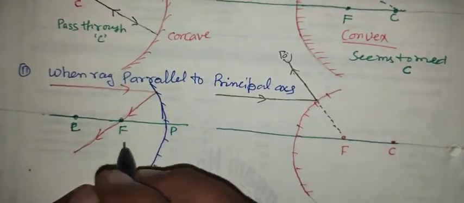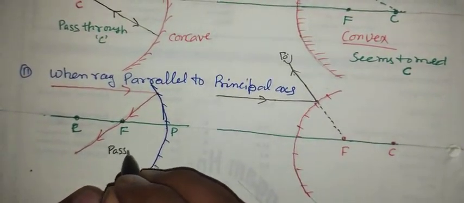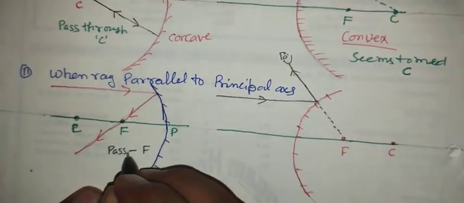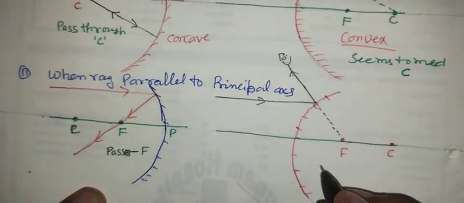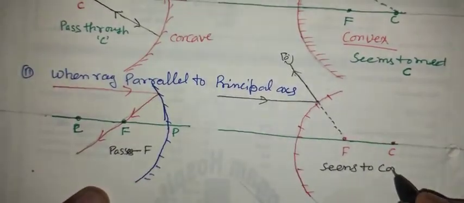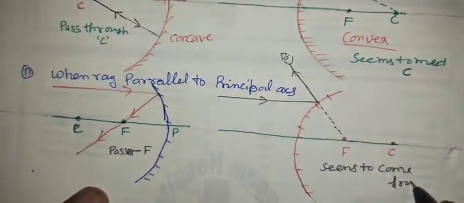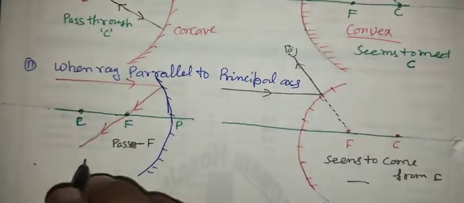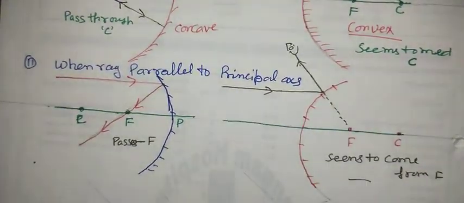So in both cases, it passes through F, or seems to come from F. This is the rule in both cases.